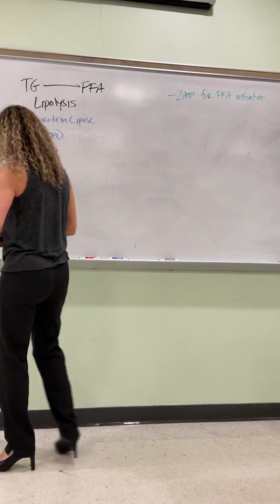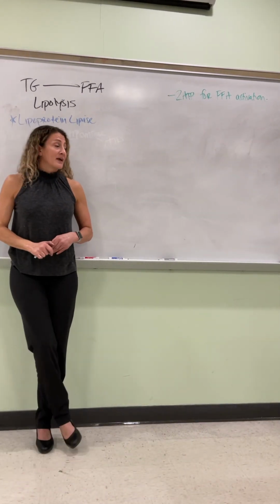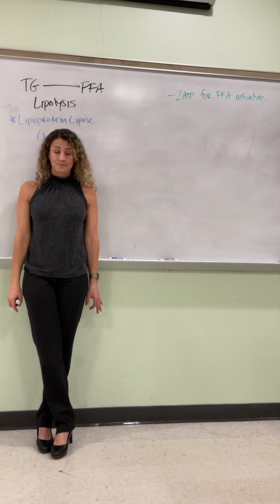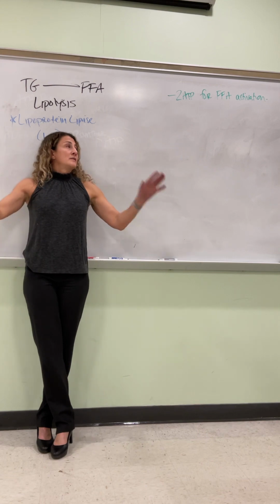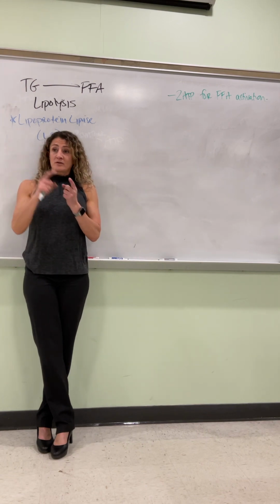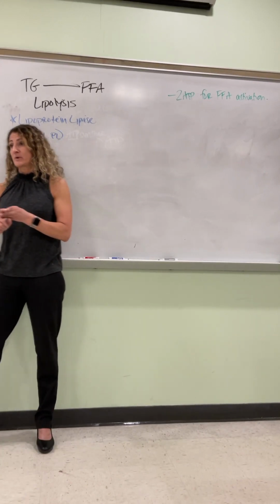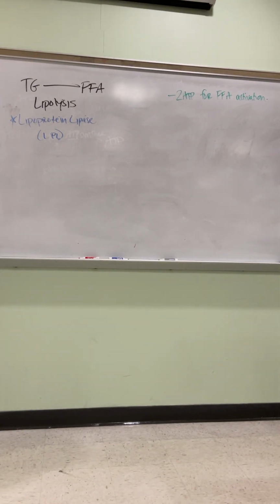Okay, once they're activated, all of our free fatty acid will be in the form of long chains of carbon. They will either be 12 carbons long, 14 carbons long, or 16 carbons long. Those are the free fatty acids we have in the human body. They will all be organized into pairs.